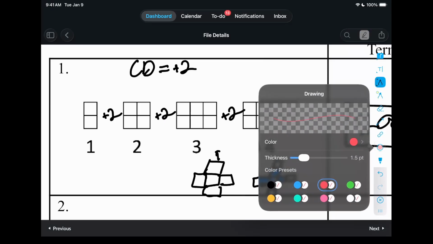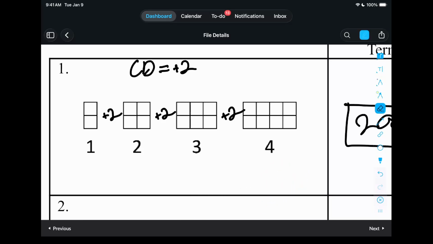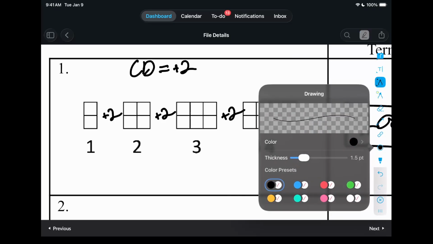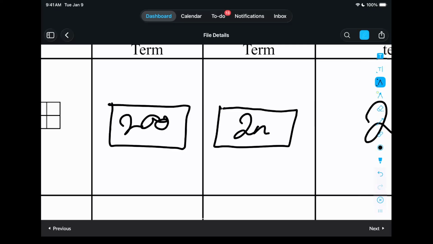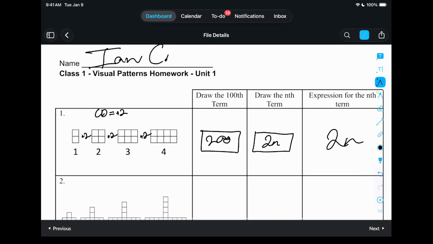But then now you also have this one and this one and this one and this one. So those were added. And these stayed the same. So then your expression would have to reflect that we're multiplying, but we're also adding the stuff that was still there. So pretty simple one to start off with. Just double the figure number.